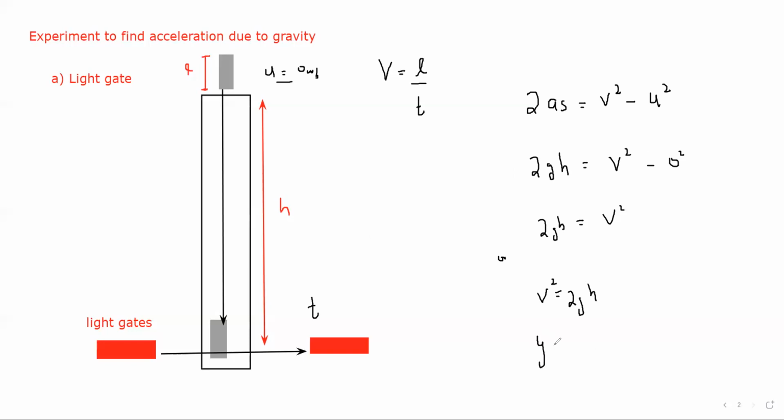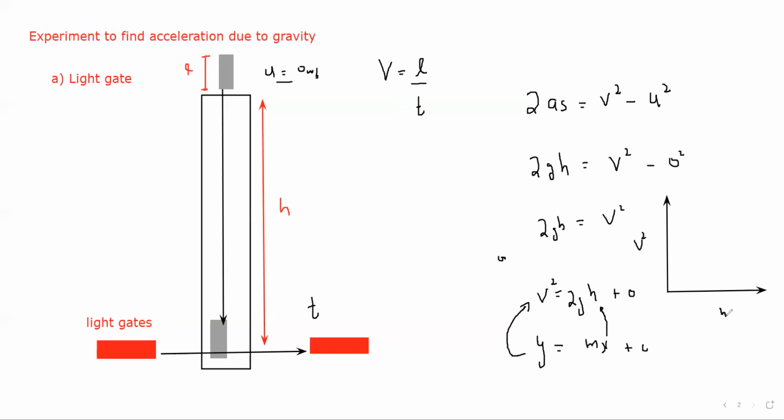If I compare with the equation of a straight line, y is equal to mx plus c, but because the y-intercept is 0 here, on the y-axis I sketch v square, and on the x-axis we have the distance from which we drop.